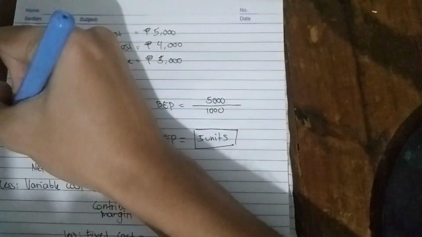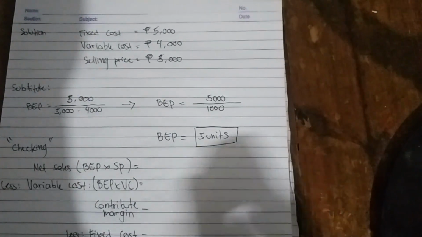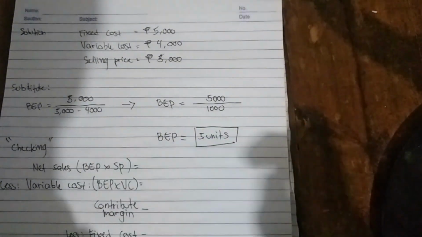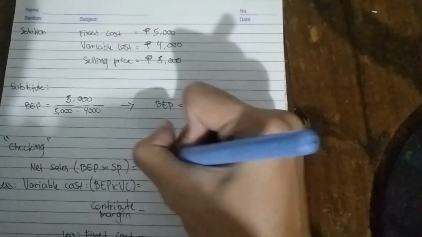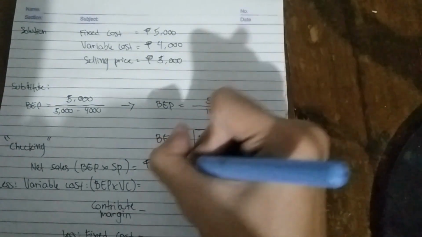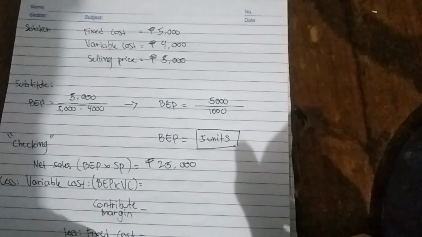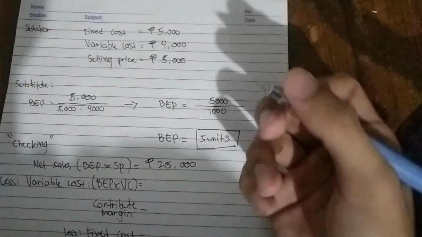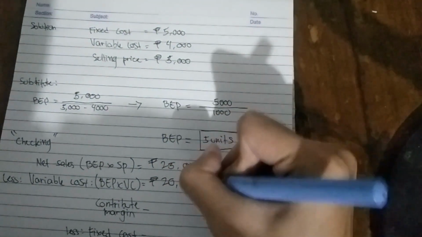Let's check naman. Net sales. To get net sales, you have to do BEP times SP. And you'll get 25,000 pesos. And less variable cost naman ay BEP times VC. You'll have 20,000 pesos.